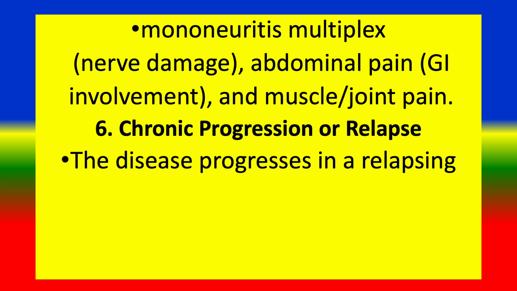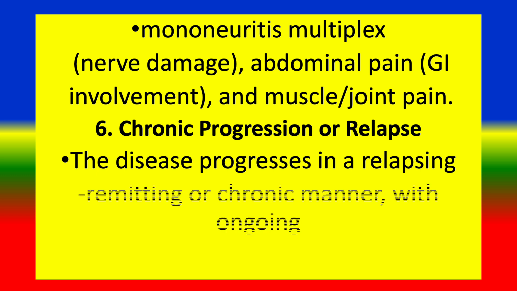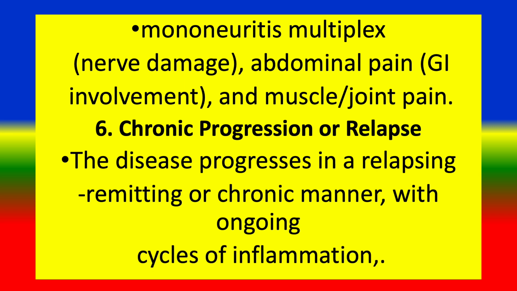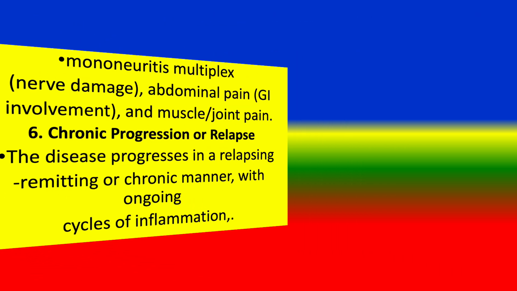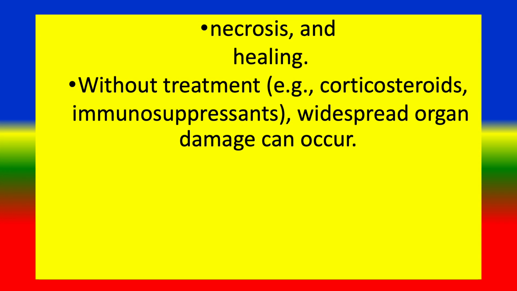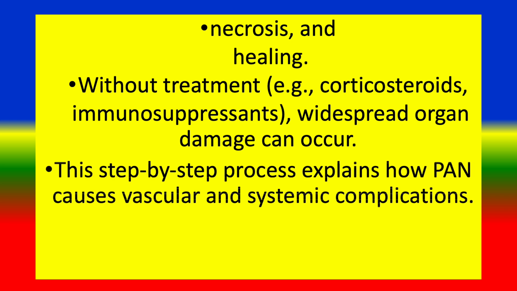The disease progresses in a relapsing, remitting, or chronic manner with ongoing cycles of inflammation, necrosis and healing. Without treatment, widespread organ damage can occur. This step-by-step process explains how PAN causes vascular and systemic complications.